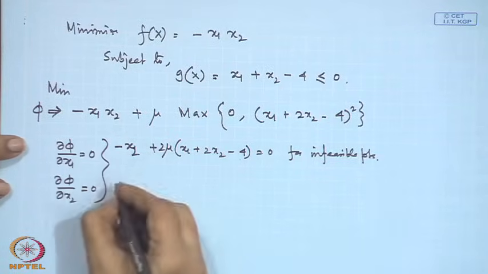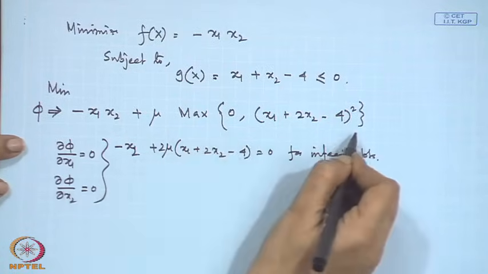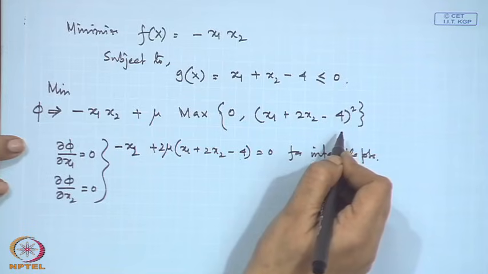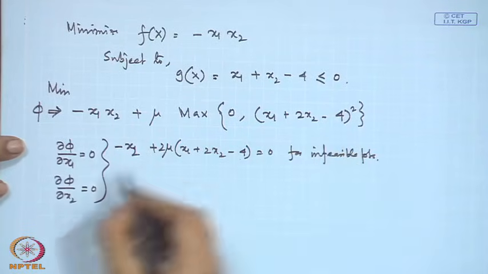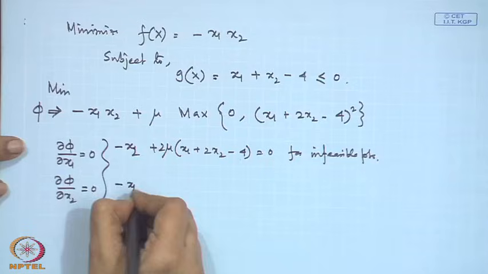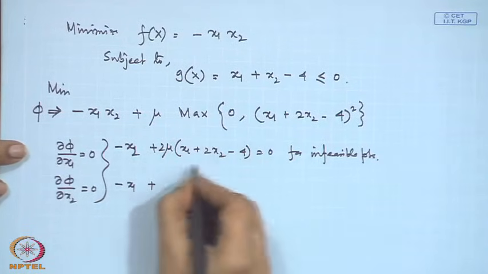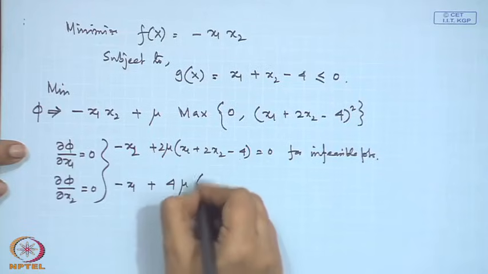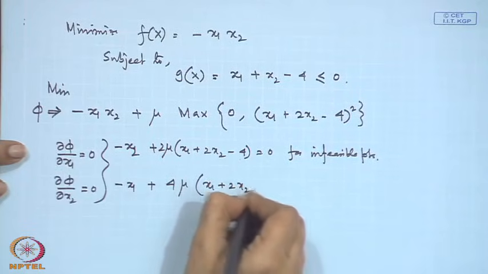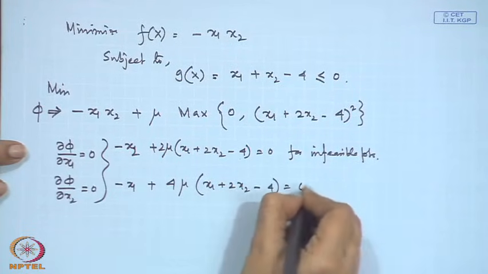But here if we consider only the infeasible points, where the penalty term will give some positive value, then we are getting minus x 1 plus 4 mu x 1 plus 2 x 2 minus 4 equal to 0.